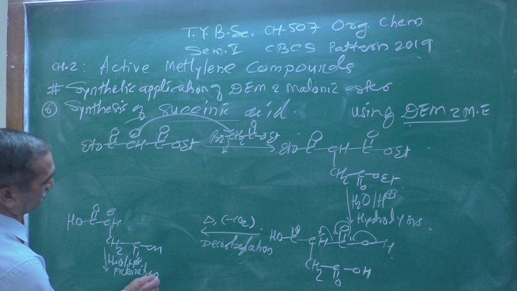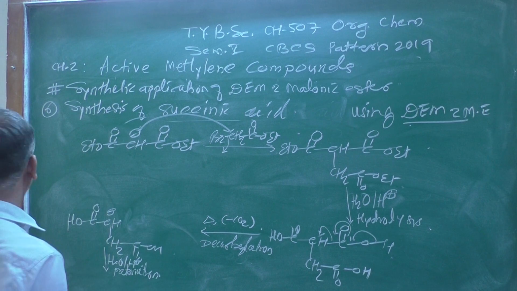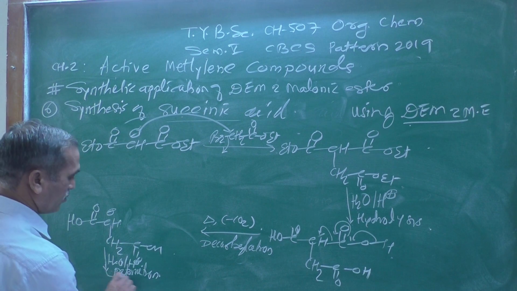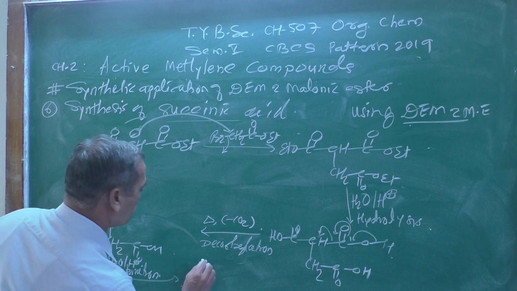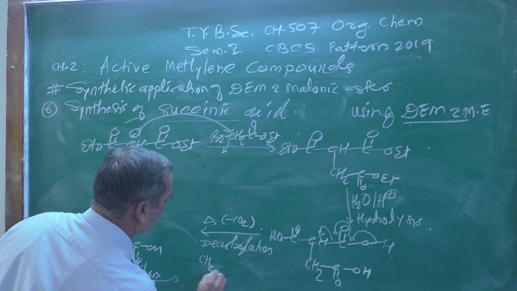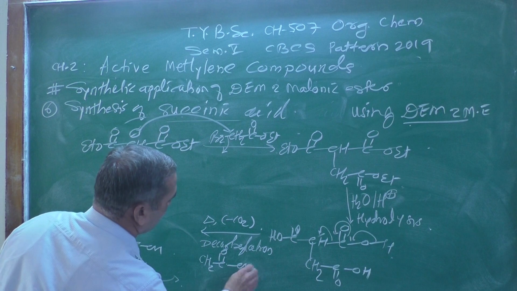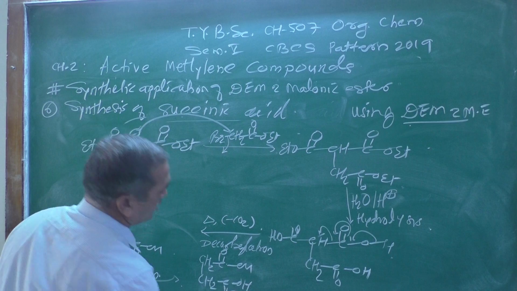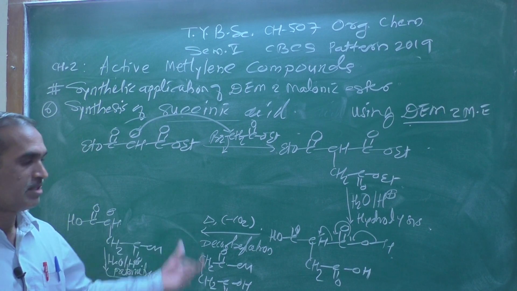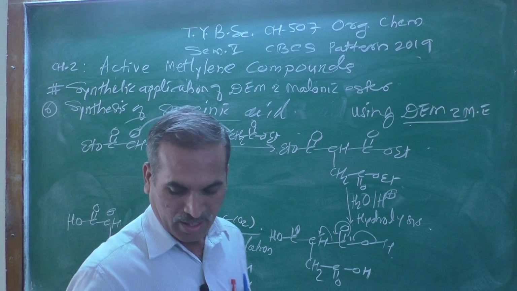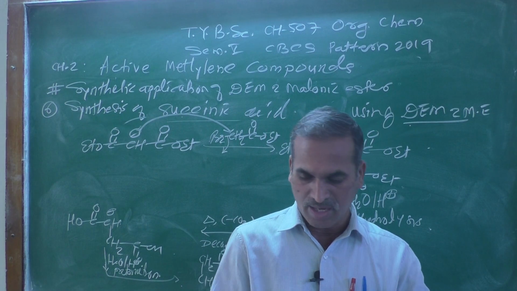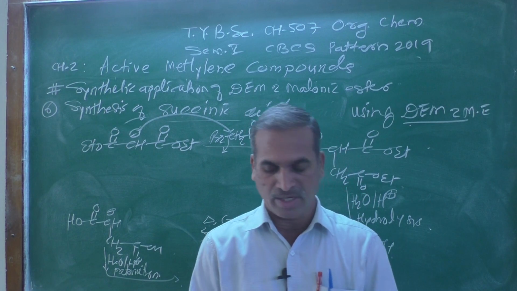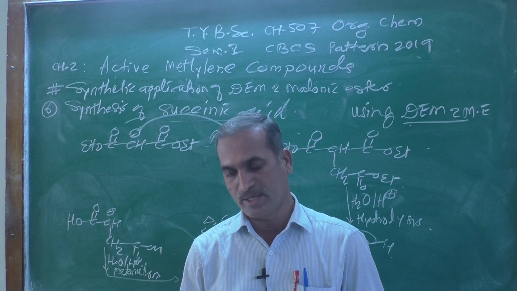In the protonation, this carbanion will pick up the proton, and you will be getting the product here CH2, C double bond O, OH, and here CH2, C double bond O, OH, and this is nothing but our target molecule, succinic acid.